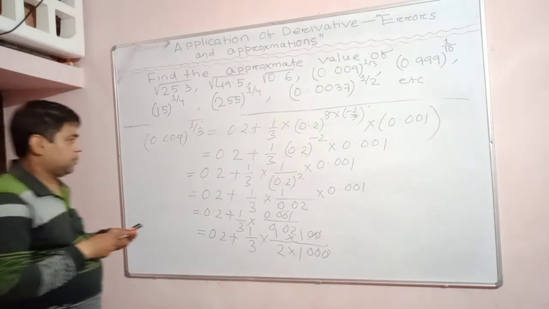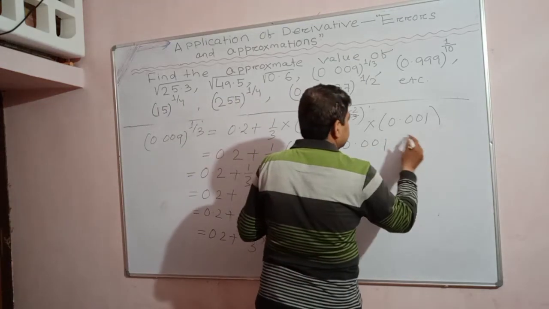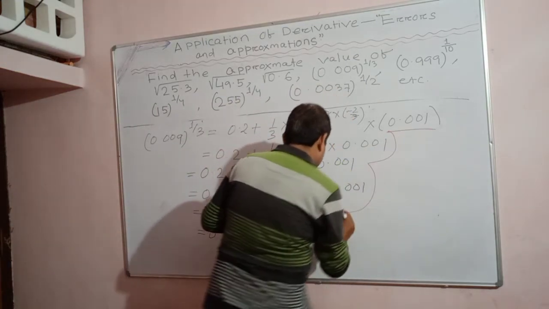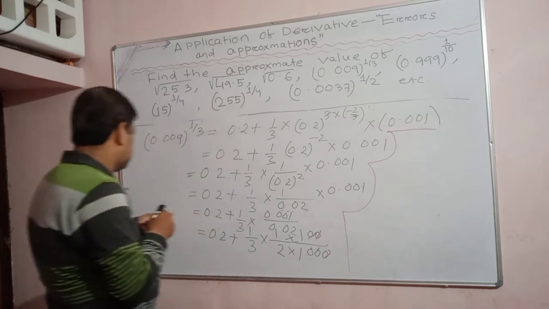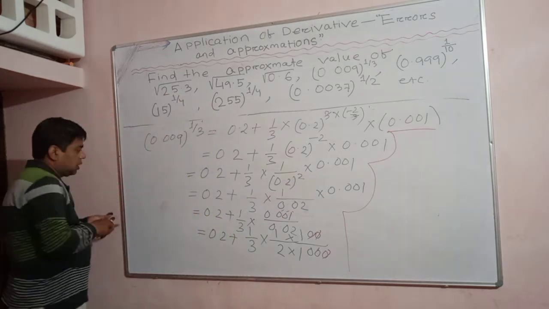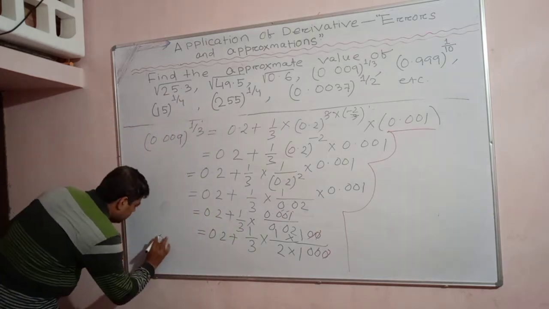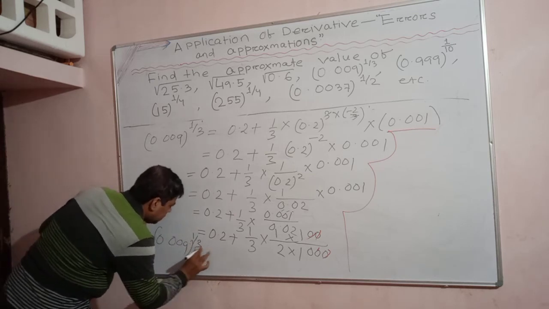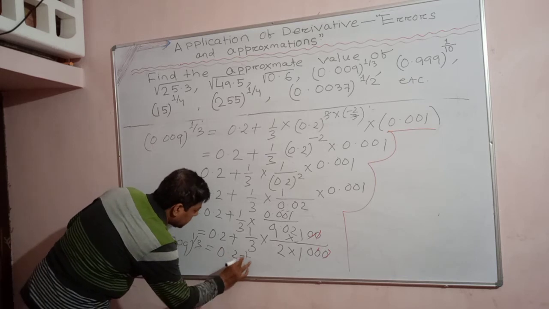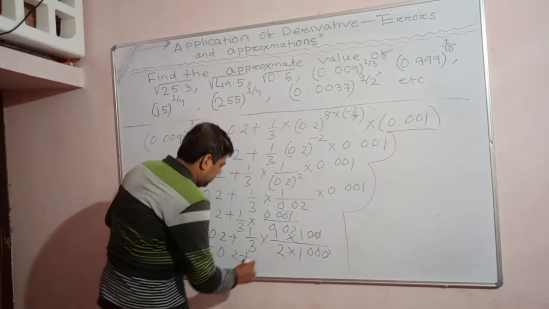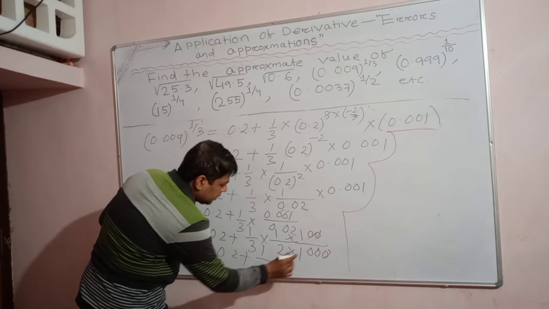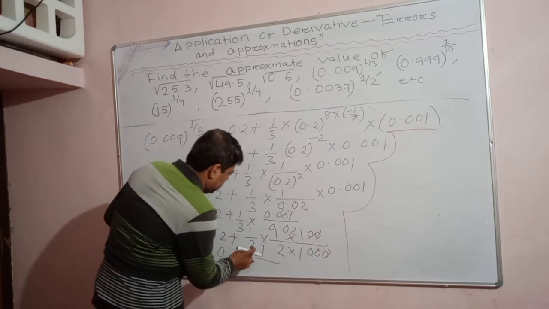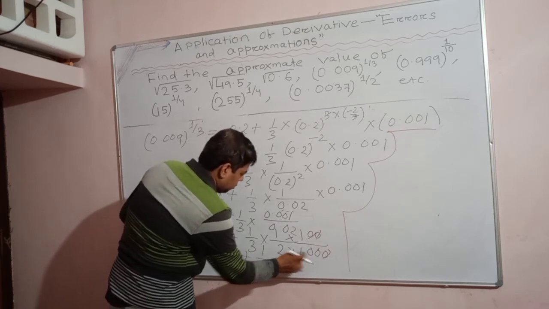Okay, so after that, in the part of calculation, dear students, you should understand how to calculate. You got 0.009 whole to the power 1 by 3 is equal to 0.2 plus, you will cancel, it will be 1 divided by, you see the zeros cancel, here 3, here 20.